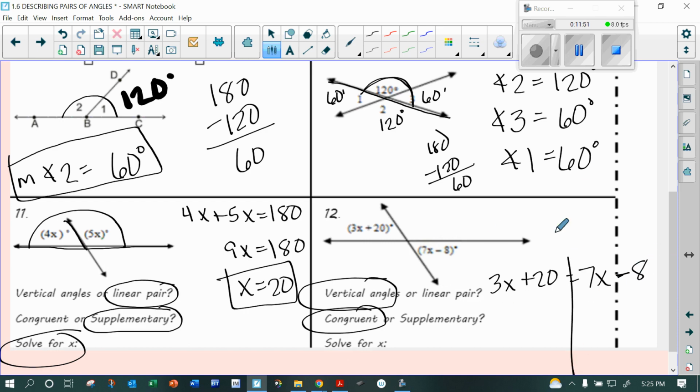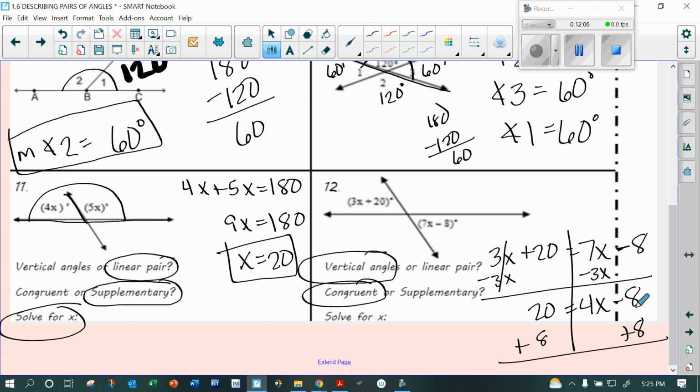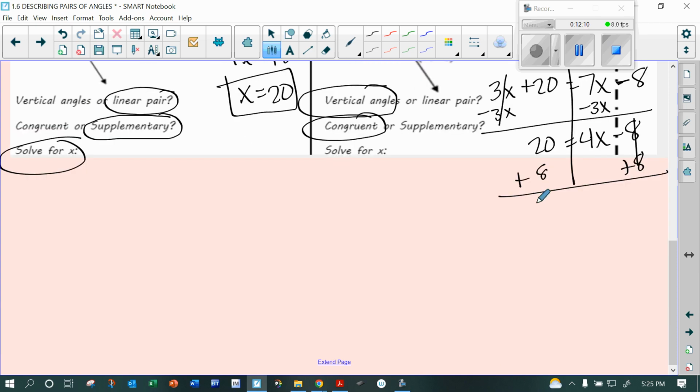So I'm going to subtract the 3x. So let me scroll this up. So subtract 3x from both sides. So 20 equals 4x minus 8. Add 8 to both sides. 28 equals 4x. Divide by 4.